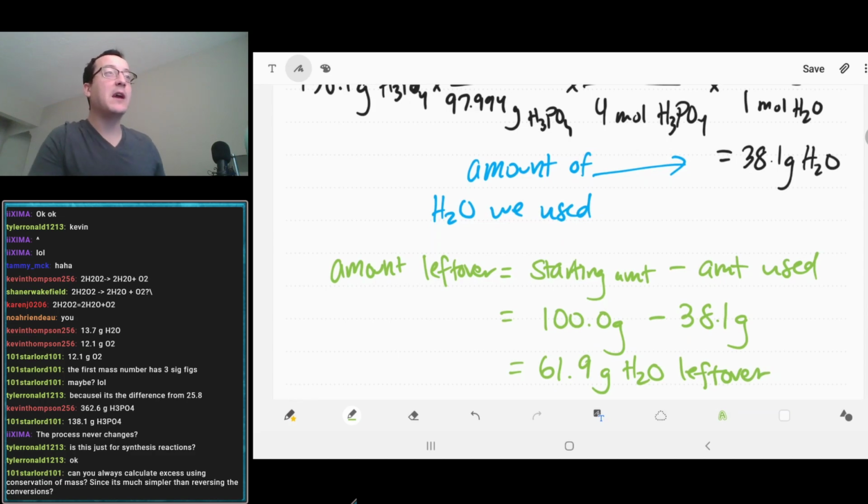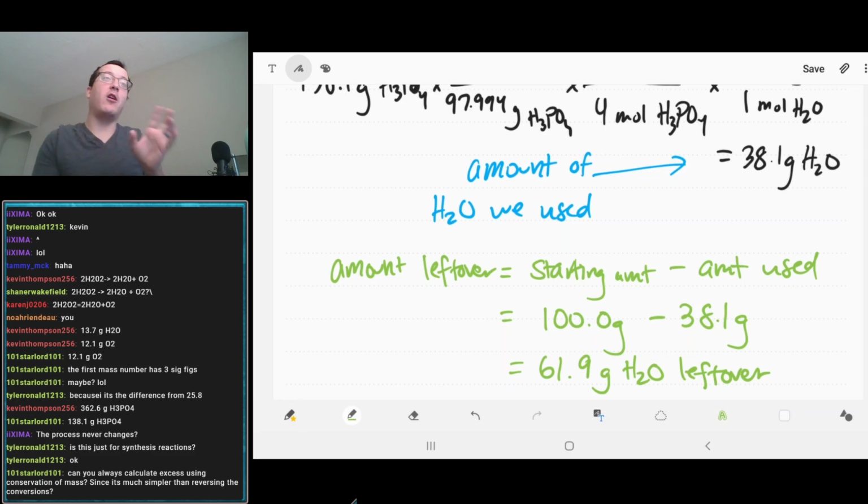So if we have a more complicated reaction, this is how you could solve for the excess reactant. But as we have pointed out already, for right now, if you have a simple reaction like this, save your breath. Go ahead and do your conservation of mass. That'll save you a lot of time and energy and brain power.